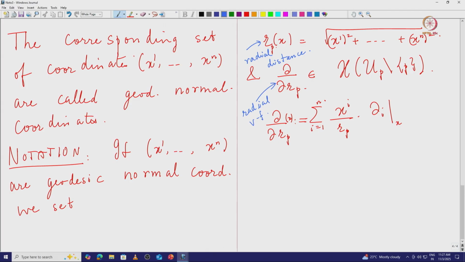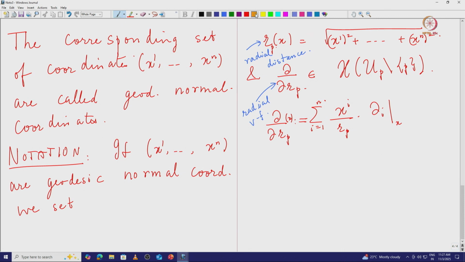Later on we will see that this radial distance actually does compute the distance function that we will define depending on the metric g. It does actually compute the distance from P to a point x, as long as that point x is in this geodesic normal neighbourhood.